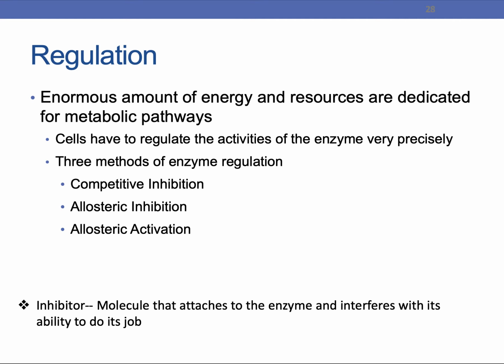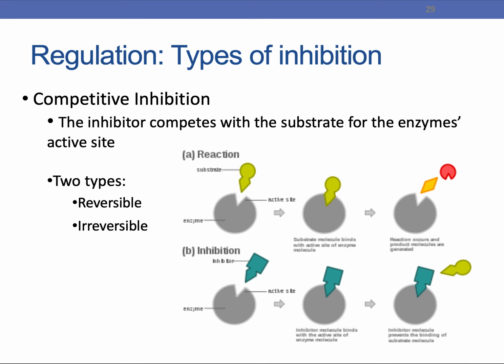So if we say competitive inhibition, we are talking about an inhibitor, another molecule that competes with the substrates and thus prevents the substrate from attaching to the active site of the enzyme. There are 2 types of these competitive inhibitors.